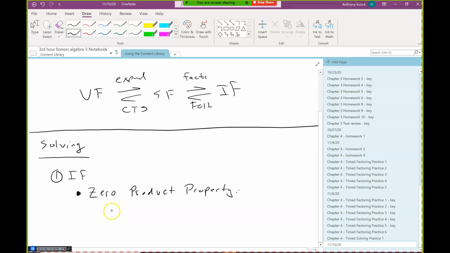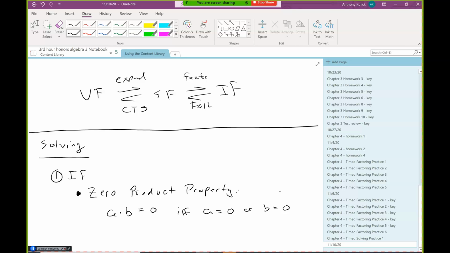It says A times B equals 0 if and only if A equals 0 or B equals 0. So if you have two things that multiply together to give you 0, the only way that happens is that one or both of them is equal to 0, right?